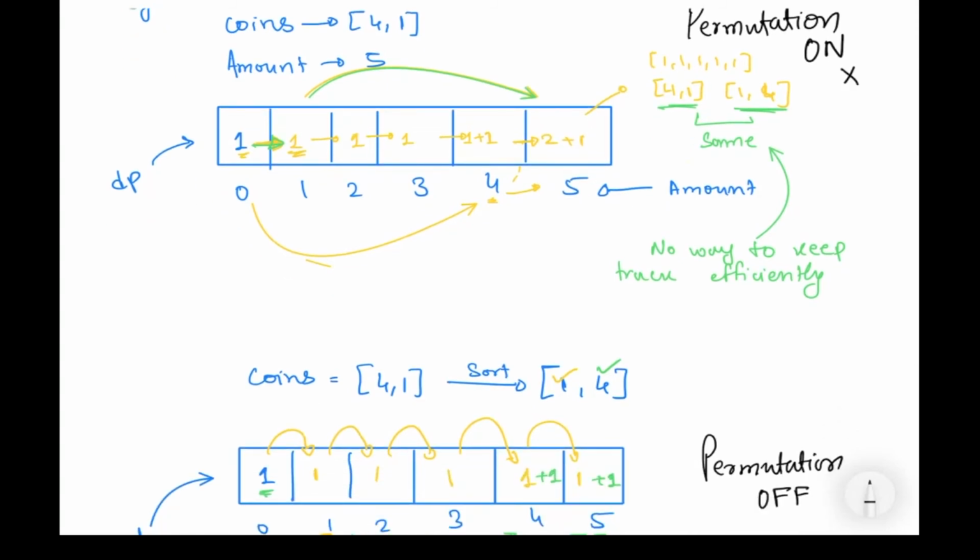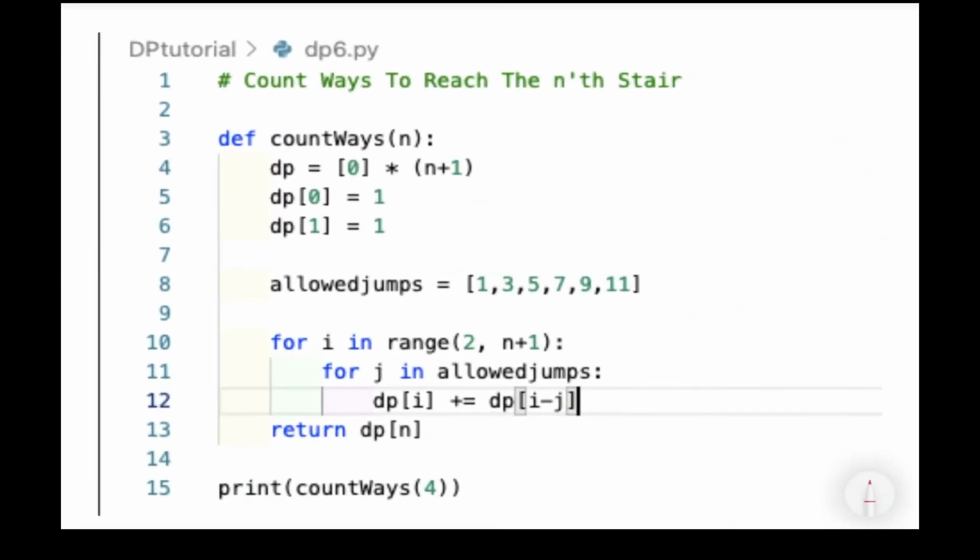Now there might be a lot of confusion, but as we program our approach, things will become a lot clearer. Now we have the program for counting the number of hops, or count ways to reach the nth stair. The prerequisite is that you have a complete understanding of how this program works, and the fact that in this program permutation is on, that is, order matters.